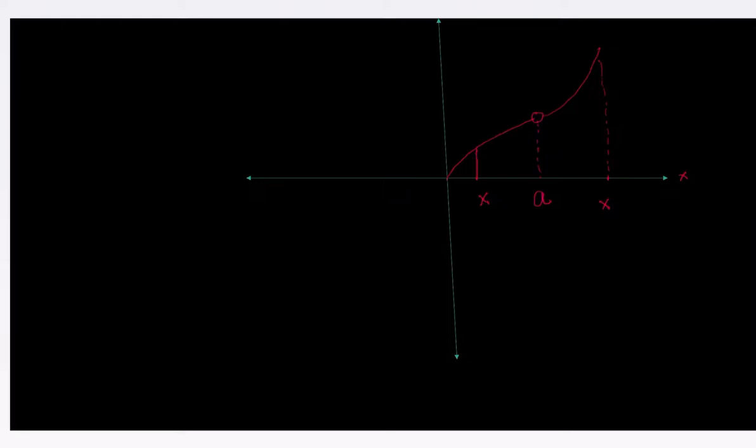This is X, and that's Y equals f of X. If this is X on my x-axis, this point is going to be called f of X. And then I have X right here on the right side of A. That's also f of X. And A is any number on the x-axis, so we're going to get a Y value here, and that's going to be L. L is any number.